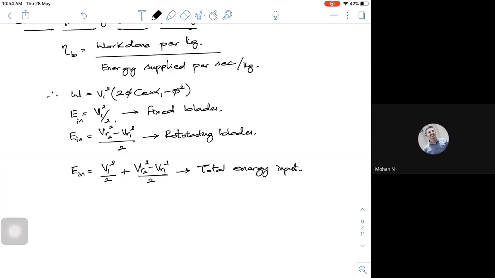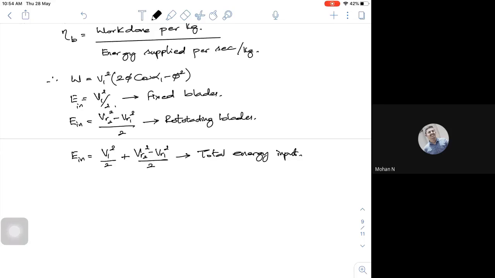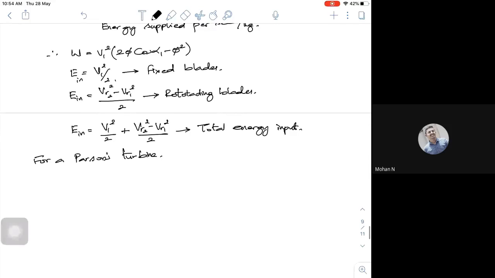Now, if I substitute for what is my VR1 square, what is my VR2 square, all those things. Here, what is my VR2 square for a Parson's turbine? What will be my energy input?